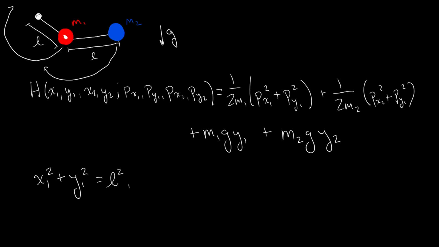So the x direction center of the M2 circle is given by x1, and same for y1. So this is given by x2 minus x1 squared plus y2 minus y1 squared equals L squared. This is just the equation of a circle offset from the origin by the point x1, y1.